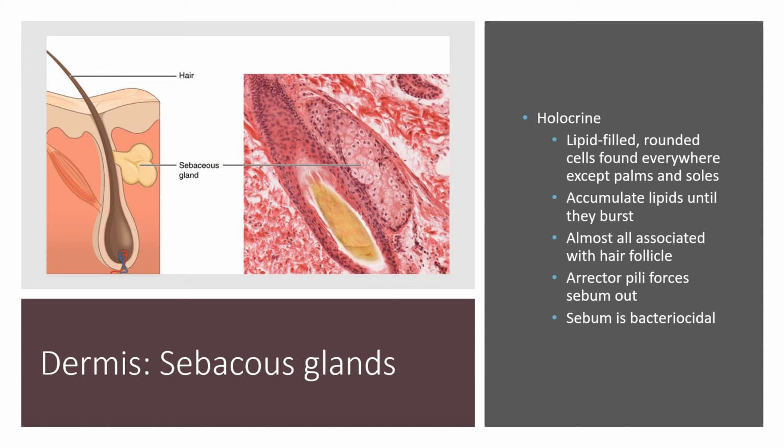It doesn't constantly just sort of leak oil onto your hair and onto the surface of your skin. What you have is a little smooth muscle cell attached to each hair follicle called an erector pili. What this will do, and this illustration isn't actually great, it should draw it sort of more like this on top of the oil gland where it sort of traverses that oil gland.